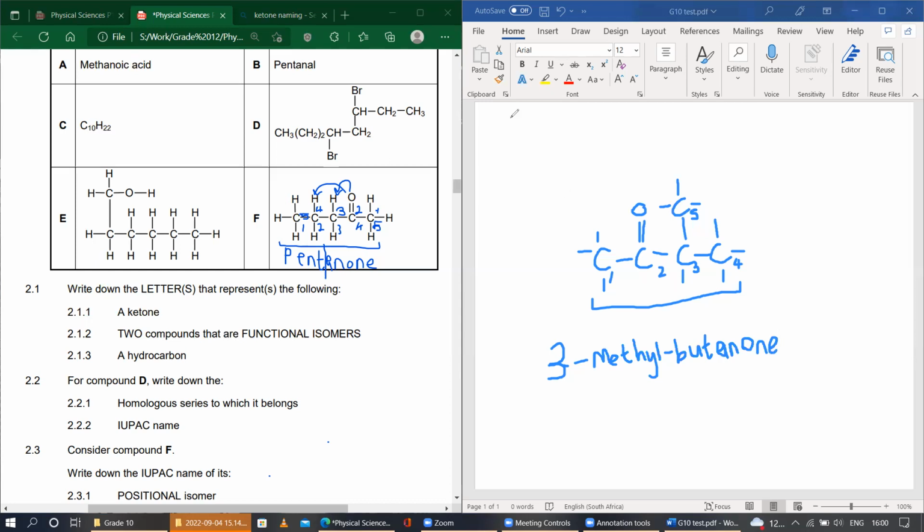Basically, I would like to call it 3, but I forgot one thing. This has to be 2, since when naming an aldehyde and ketone, the functional group has to be at the end.